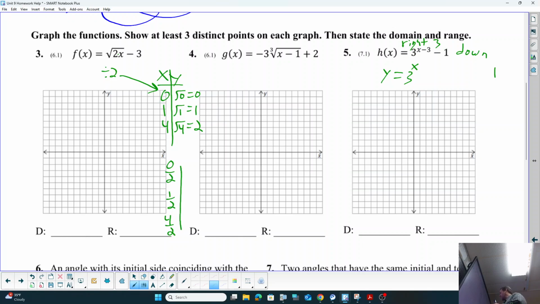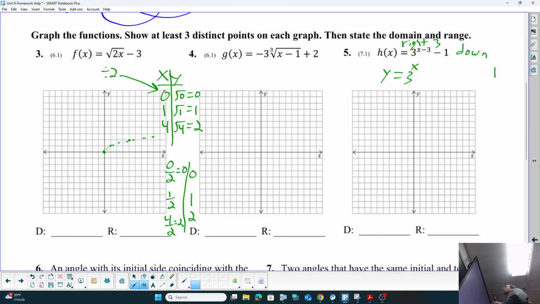That would still be 0, that would be 1/2, and that would be 2. The x values stay the same: 0, 1, and 2. Don't forget to shift down as well. So our parent function is 0, 0, over 1 up 1, and over 4 up 2.